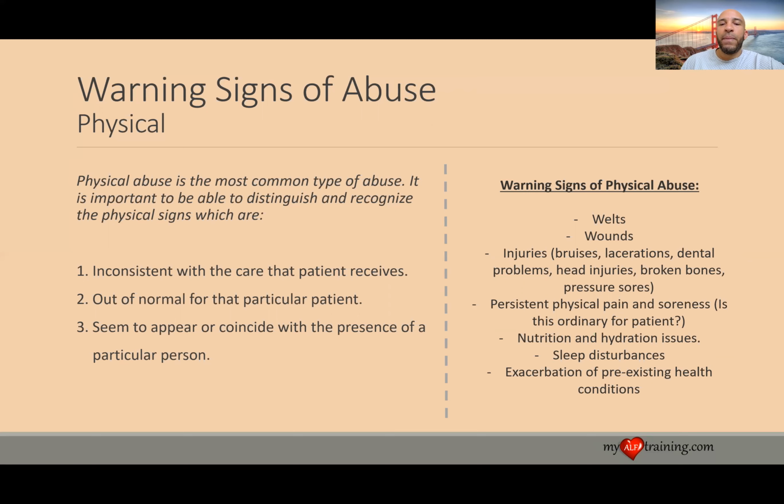So, just because we may see a wound or injury on the patient, we need to be able to distinguish and recognize the abnormal physical signs from those which are more common.